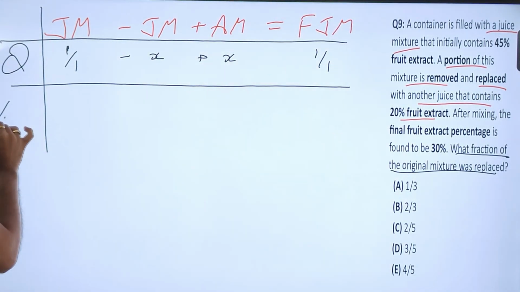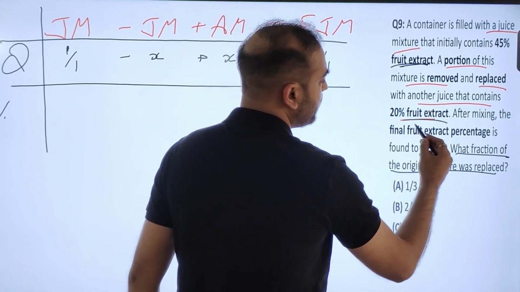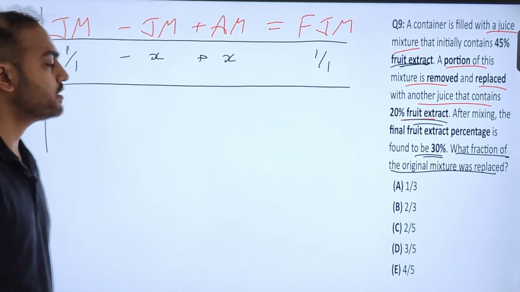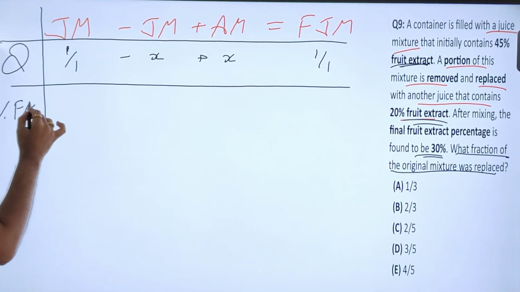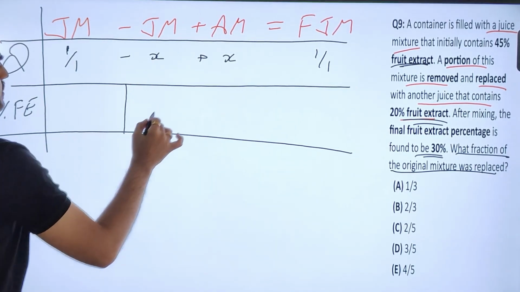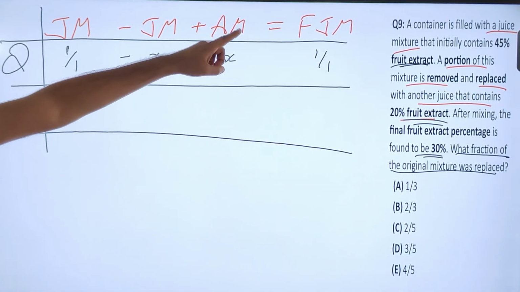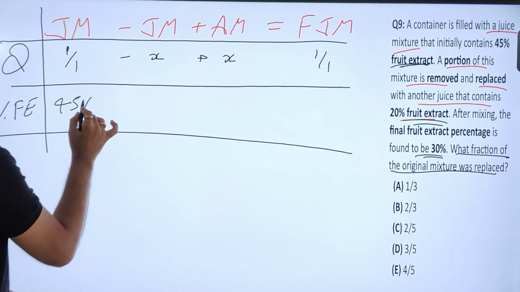Now comes the factor. I can see the percentage of fruit extract, so I will write percentage fruit extract as my factor. Originally, there is 45%.